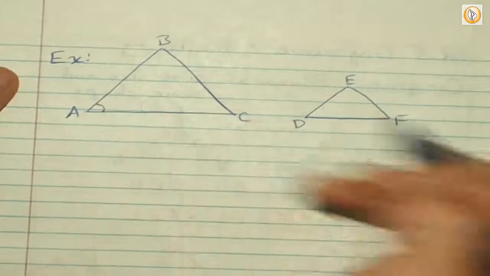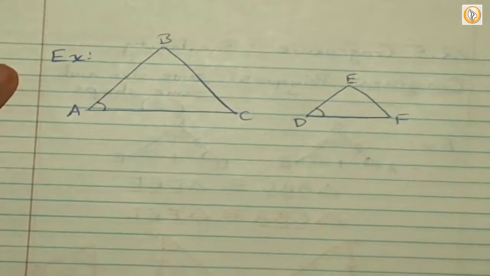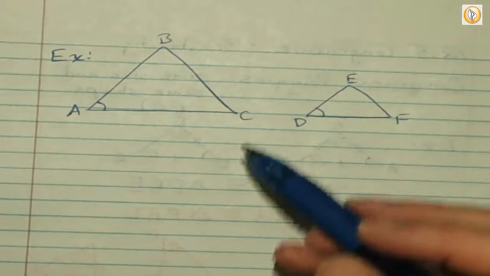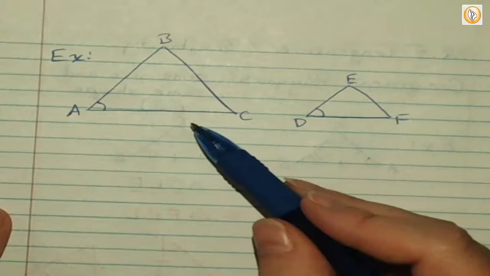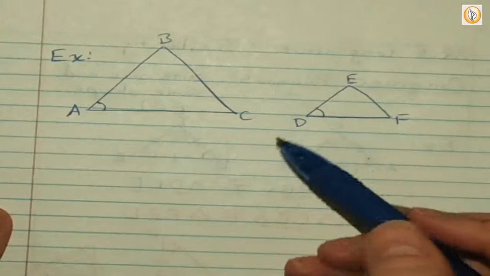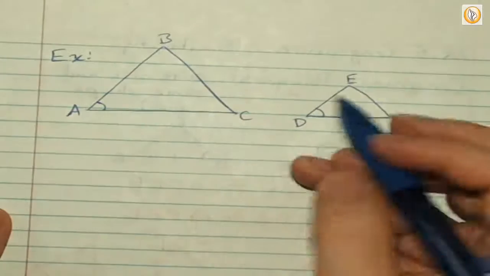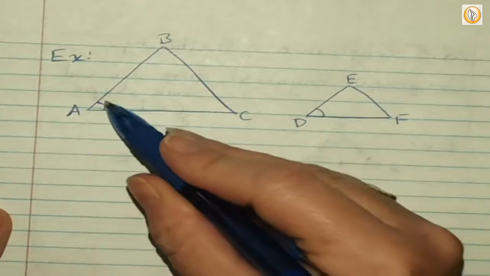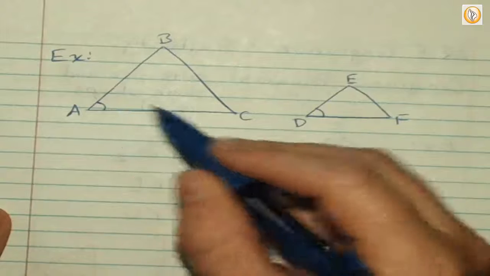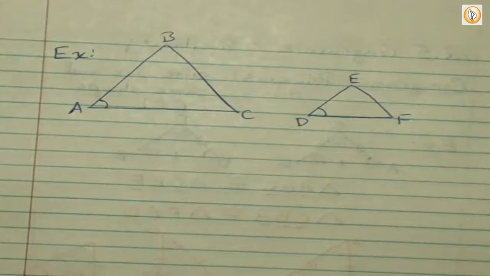So angle A is the same as angle D. Now guys, please understand, and I need you to wrap your head around this. Even though these are two different sizes, the sides are going to be different length, right? That's obvious. But the measurement of the angles will always be the same.